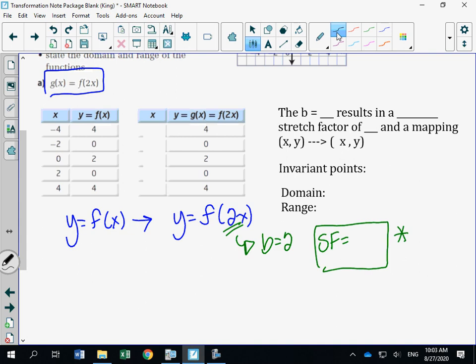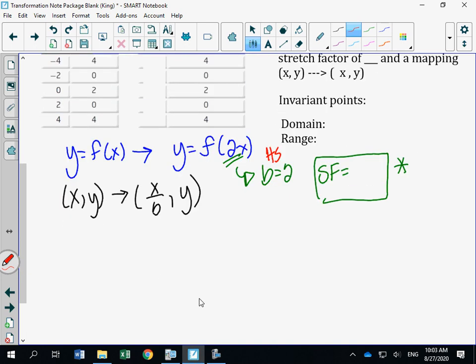Here's what the mapping is. X comma y is going to be mapped to x over b comma y. So remember that this is a horizontal stretch. It affects the x coordinates because it's next to the x. So the b value affects the x coordinates, and it's going to be x over whatever your b value is. So again, it's going to be x comma y to x over 2, because that's my b value, comma y.